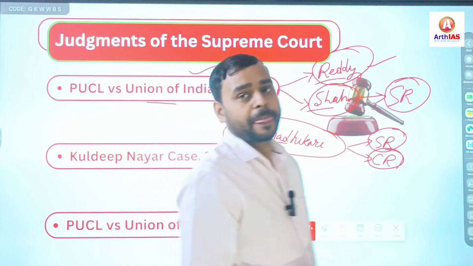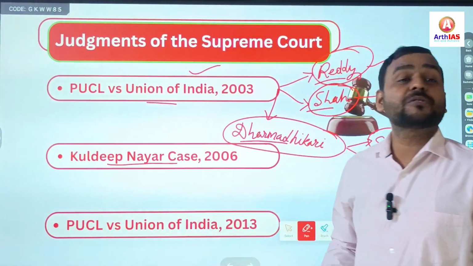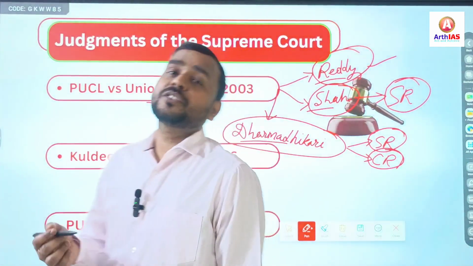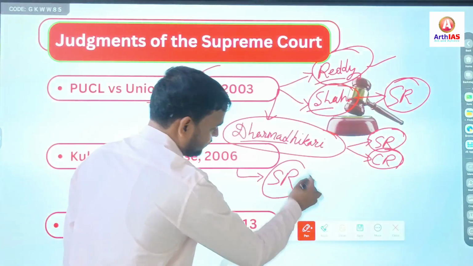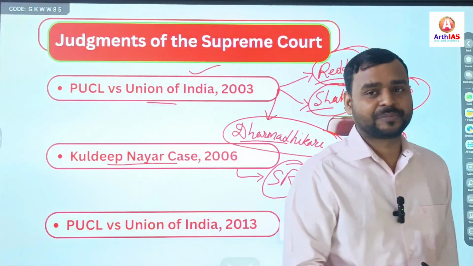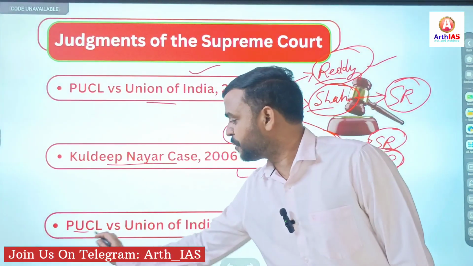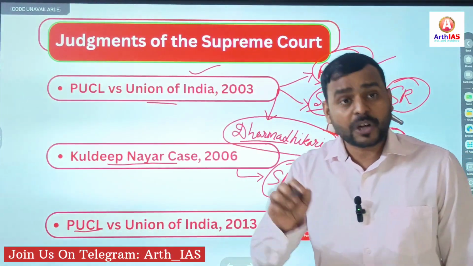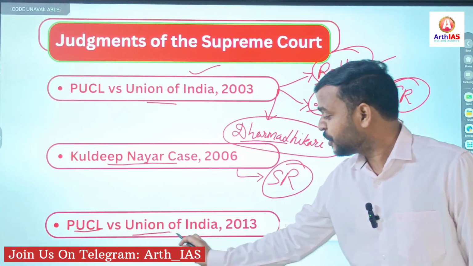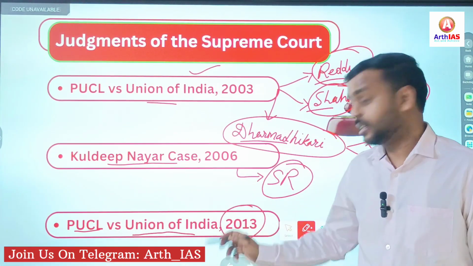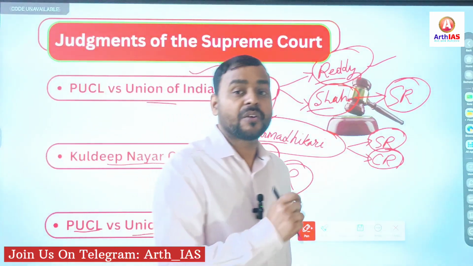Clear? Now, another important case, the Kuldeep Nair case, 2006. Here again the Supreme Court upheld that the right to vote is a statutory right without any ifs and buts. Clear? Now, again an important case, PUCL, People's Union for Civil Liberties, versus Union of India, 2013. This is again a landmark judgment in the election history of India. Why?